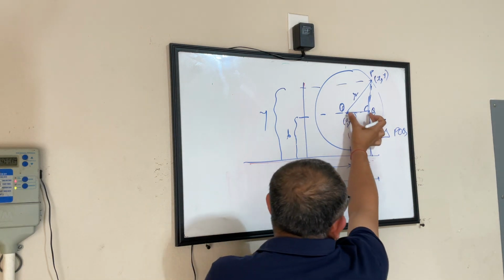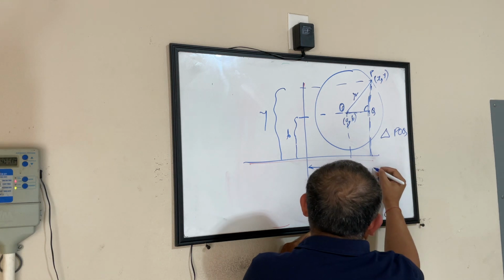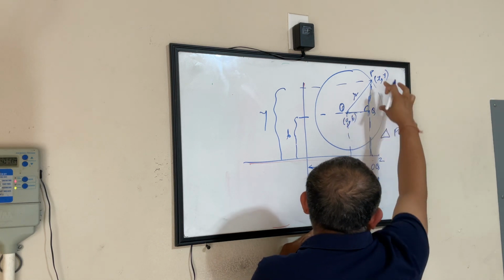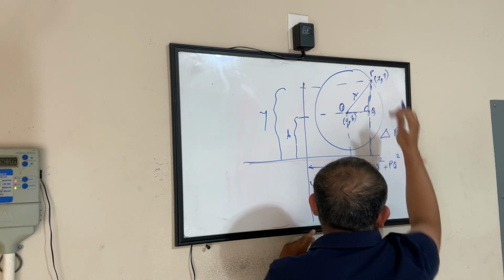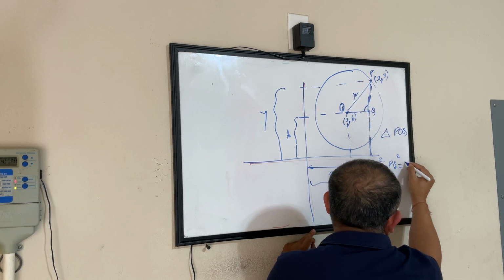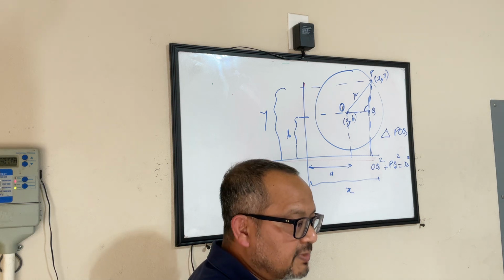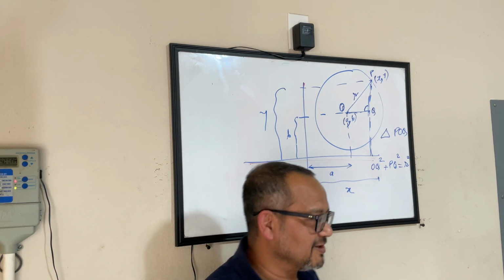So, meaning if I find out the length of this, OQ square plus PQ square will be equal to OP square, or I can say r square. Fine? You all believe my uncle? Bad joke? Bear with me.